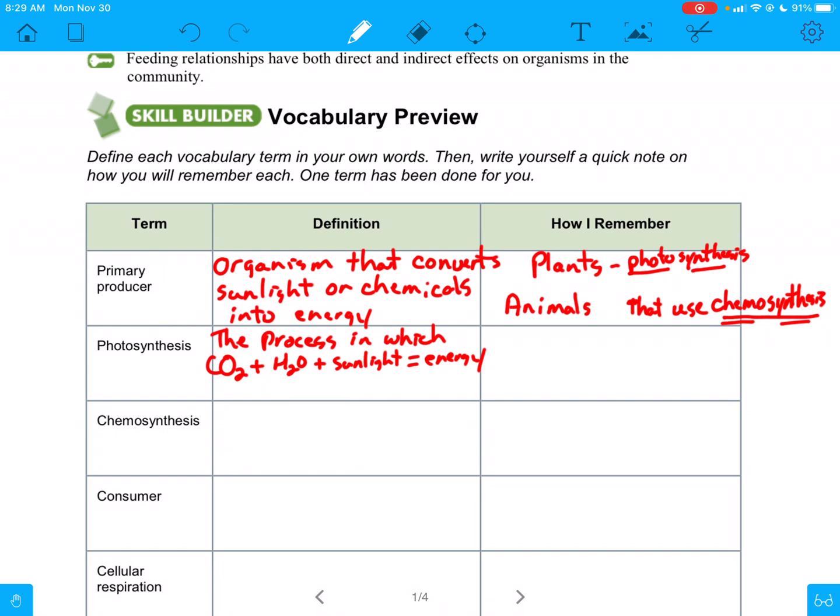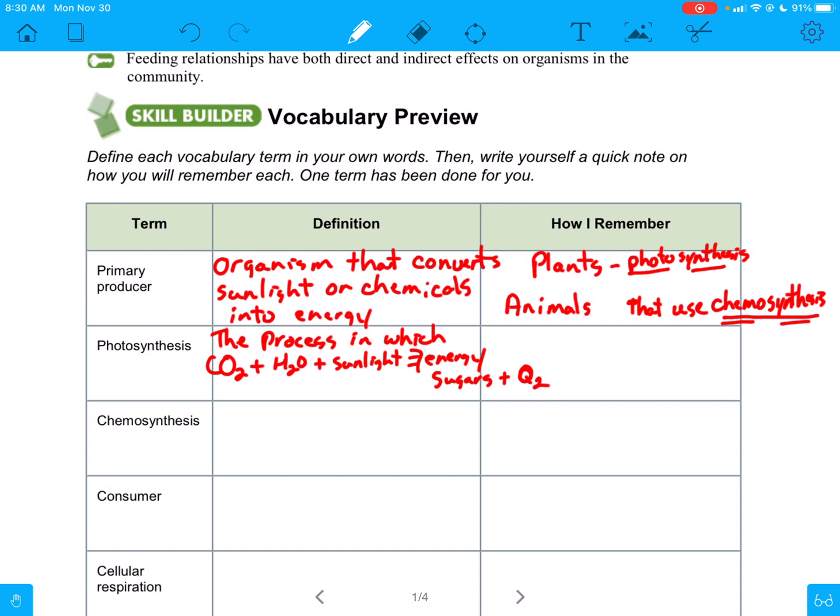So that's basically photosynthesis. It's when we take carbon dioxide plus water plus some sunlight, and we make energy in the form of sugars. And then there's also some O2 that's given off. So that's photosynthesis.